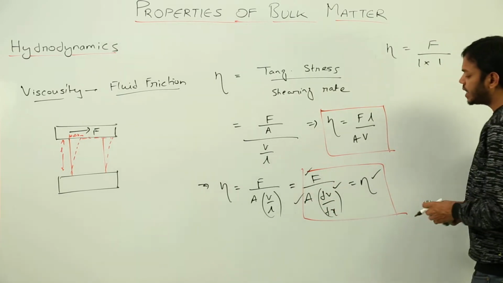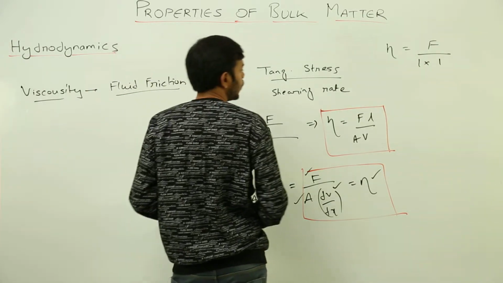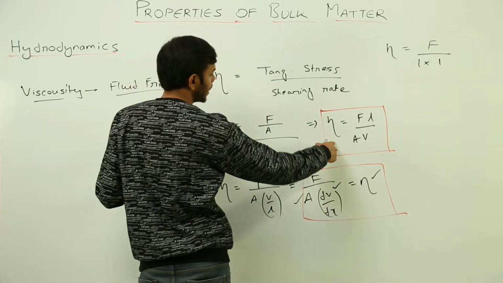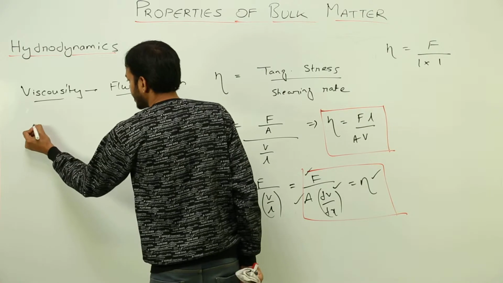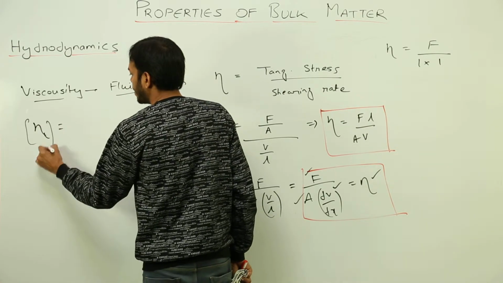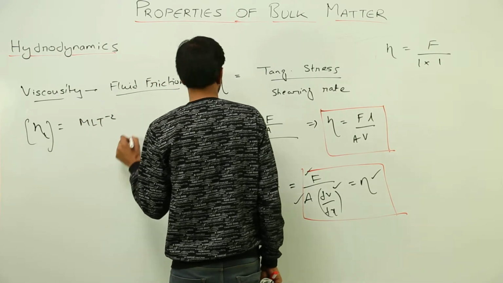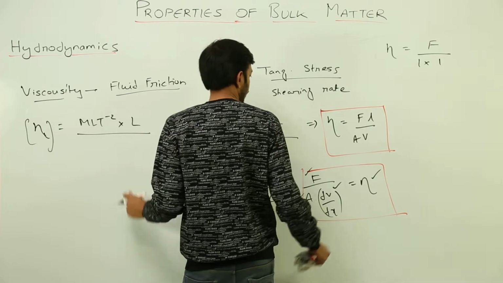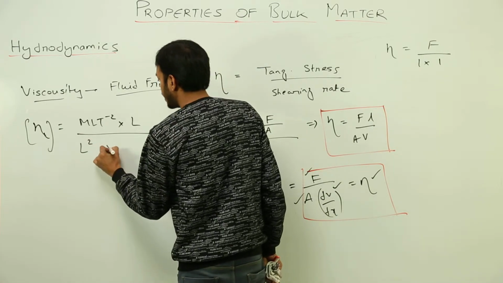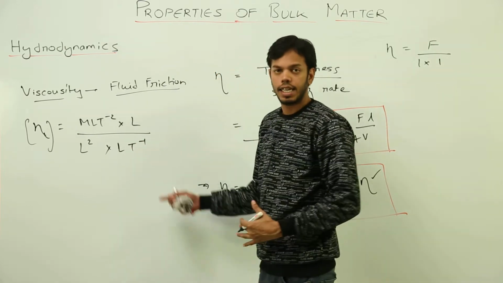What would be the dimensional formula for viscosity? Either we can take this or this formula, take any one. Let's take the top one. F is MLT minus 2, length L upon A, area is L square, velocity LT minus 1, meter per second, that is the SI unit.